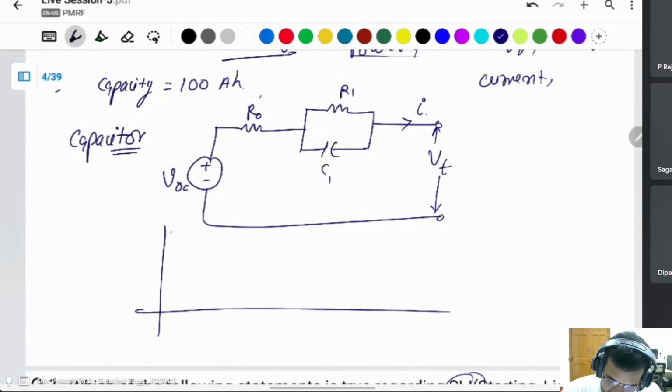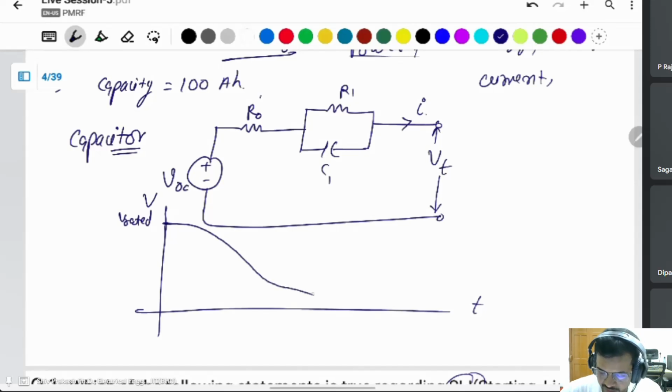And you know about the voltage versus time graph, like a full charge VOC, which I have written as V rated. It will be displayed like that, going to zero voltage.